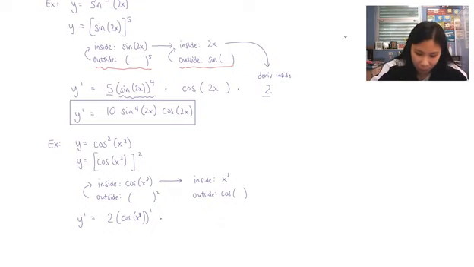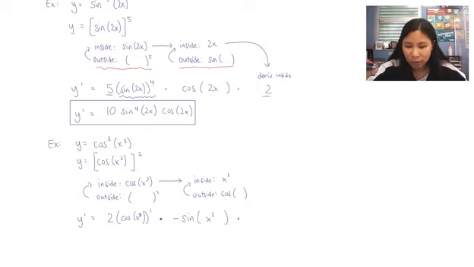Okay, next I'm going to multiply by the derivative of the next outside. The next outside was cosine of stuff, so the derivative is negative sine of that stuff. And the stuff that was in the parentheses, the inside, was the x cubed. And then finally, at the very end, I'm going to multiply by the derivative of the inside, which was the x cubed, so the derivative would be 3x squared.